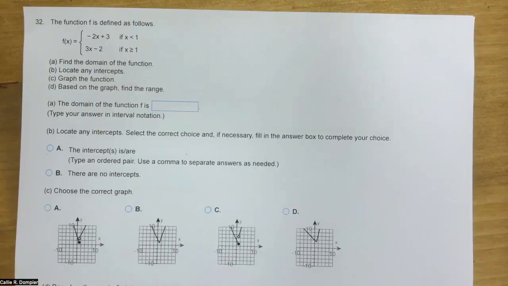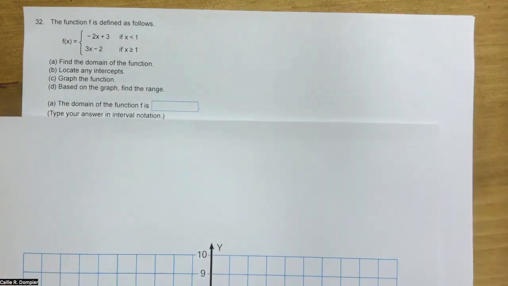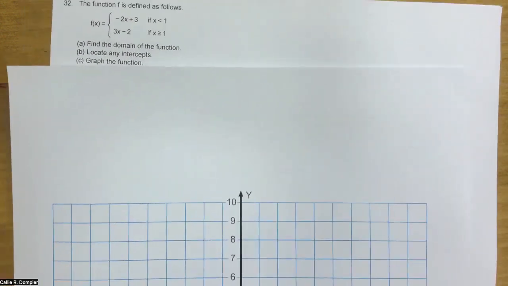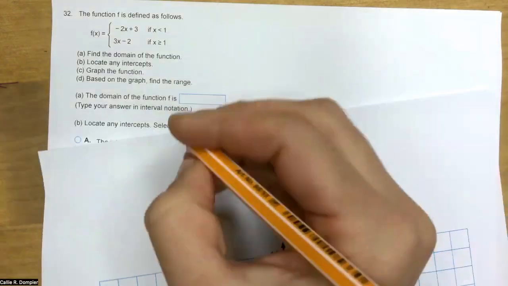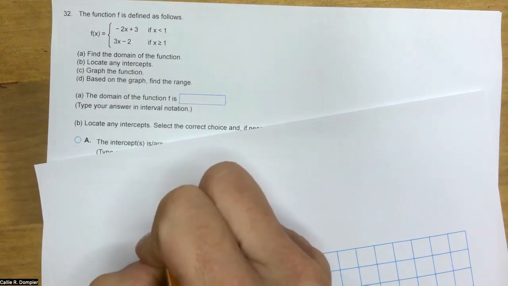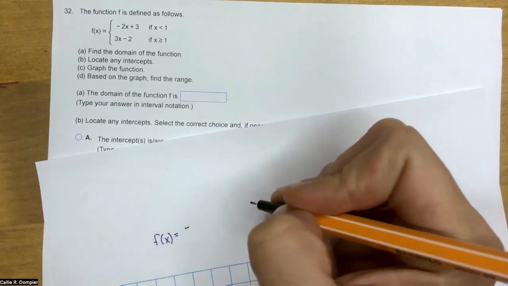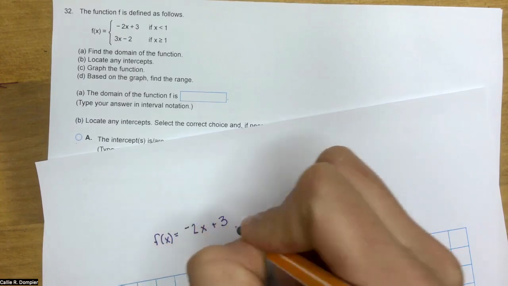Okay, for this one, you can graph it. If I were to graph it by hand, we have the lines f of x equals negative 2x plus 3.